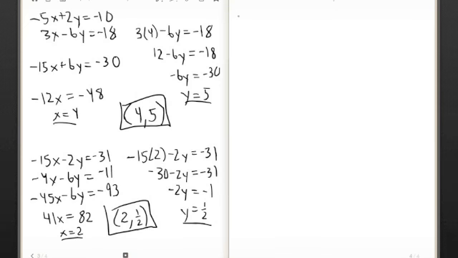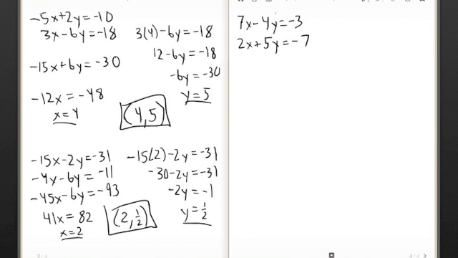Alright, let's add in one more thing. Now this problem is at the level where you will typically see these simultaneous equations.